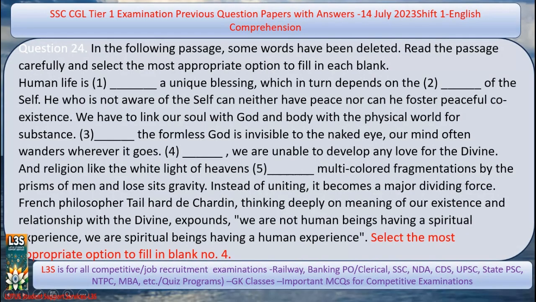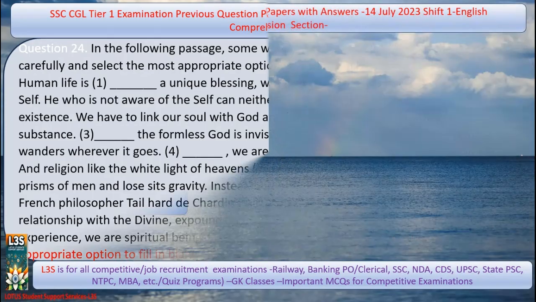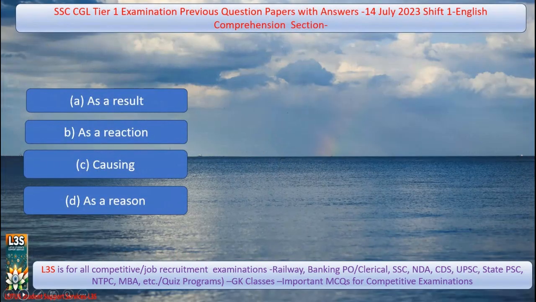Then next option, dash we are unable to develop any love for the divine. The options are A. as a result, B. as a reaction, C. causing, D. as a reason.